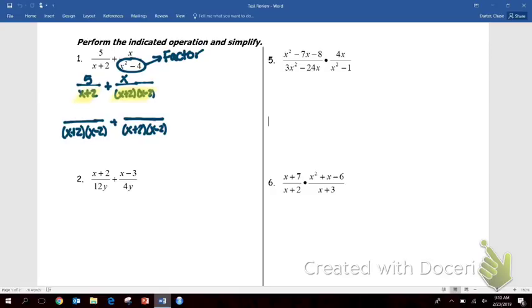If we look at this original fraction, it only has x plus 2 in the denominator, but it needs x plus 2 and x minus 2. So whichever factor I added to the denominator to make a common denominator needs to also go in the numerator.